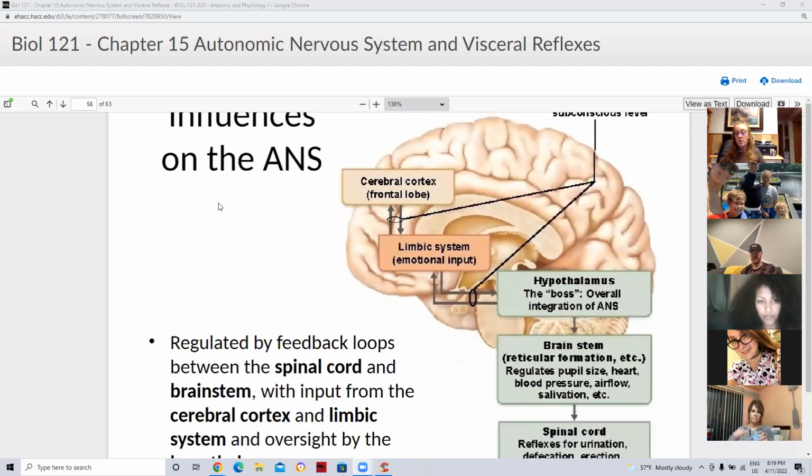So the autonomic nervous system itself is regulated by feedback loops between the cerebral cortex, the limbic system (remember, your limbic system is your emotional input), and the hypothalamus, which is the overall integrator of the autonomic nervous system.